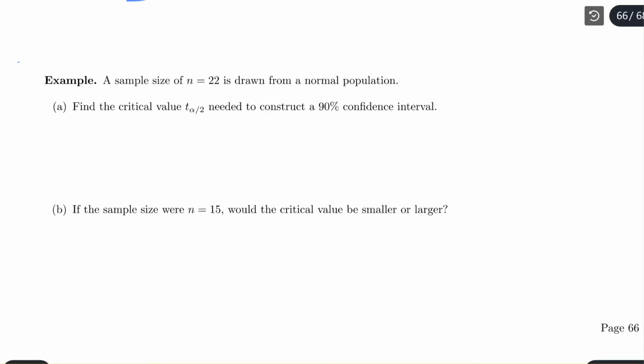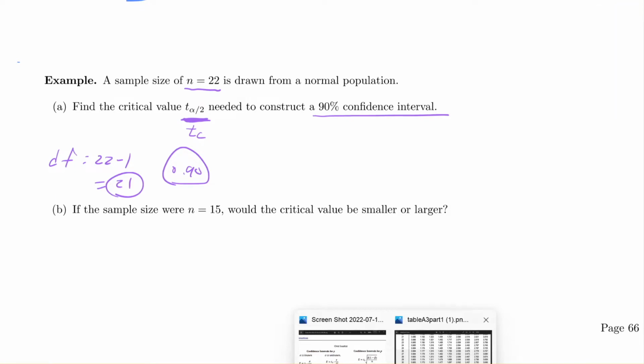So let's look at this problem. A sample size of n equals 22 is drawn from a normal population. Find the t critical value. Again, we use both symbols, t_c or t alpha over 2, needed to construct a 90% confidence interval. Well, degrees of freedom is 22 minus 1, which is 21, and we're looking at the 0.90 confidence level. So let's go to the table.